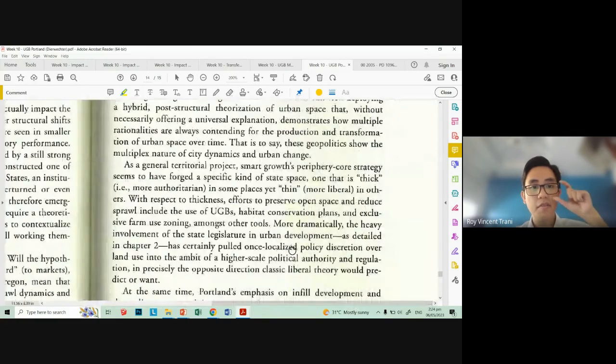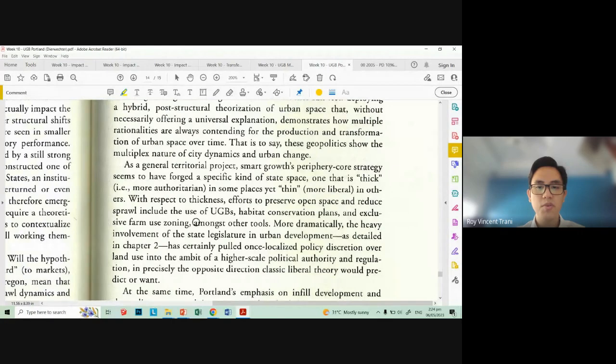Okay, so for the video, as a general territorial project, Smart Growth's periphery core strategy seems to have forged a specific kind of state space, one that is thick, quote unquote, more authoritarian in some places, yet thin, more liberal in others.